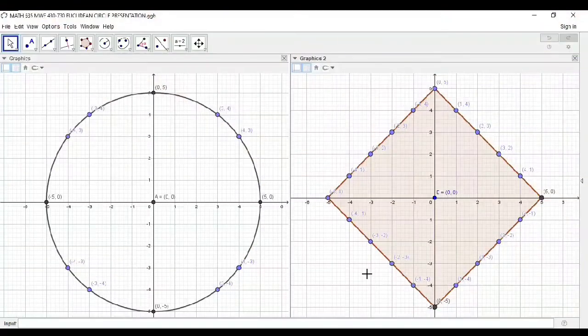Now that you have learned how to envision a Euclidean circle versus a taxicab circle, let's discuss these types of circles a bit further. A circle in taxicab geometry with center C and radius R is the set of all points R units from C. If we were to draw a circle in Euclidean geometry with a radius of 5, we would have a round shape demonstrated in the first figure here.